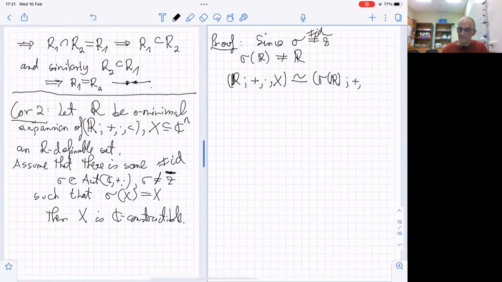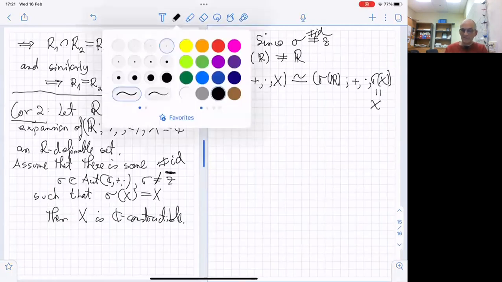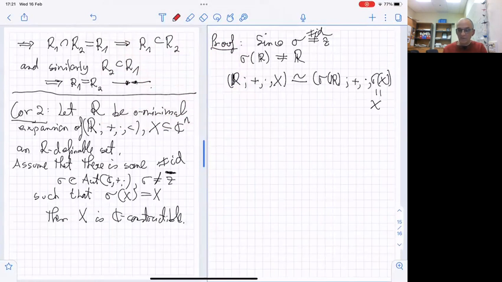Plus is sent to plus, times is sent to times, and X is sent to sigma of X. But this is X. So we will get that X is O-minimal, and this is of course O-minimal with respect to the ordering, which is unique. So this is O-minimal as well, right? Because if they are isomorphic and one is O-minimal, the other is O-minimal.